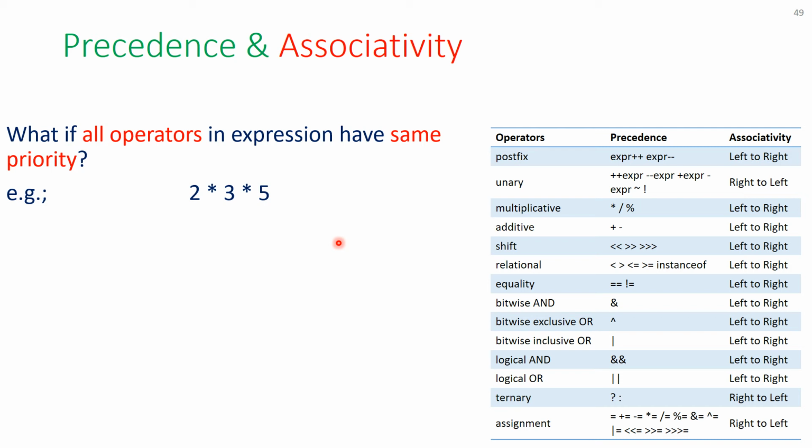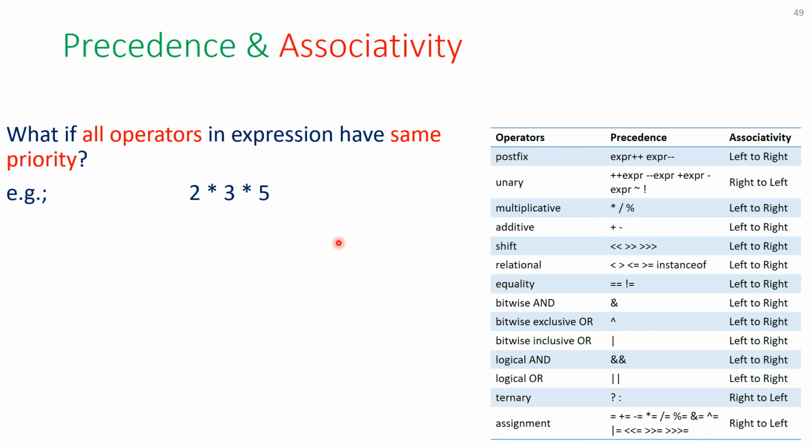There are only 2 associativities, left to right, which is called left associative, or right to left, which is called right associative. So if I have, for example, 2 times 3 times 5, so I use multiplication here, but if you look at the row for multiplicative operators, we have multiplication, division, modulo.